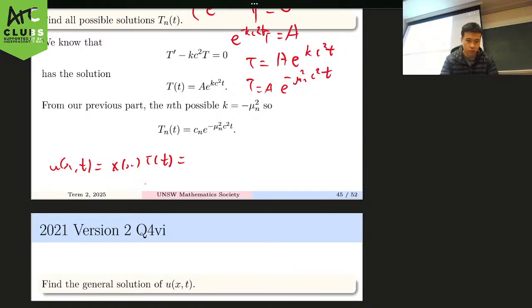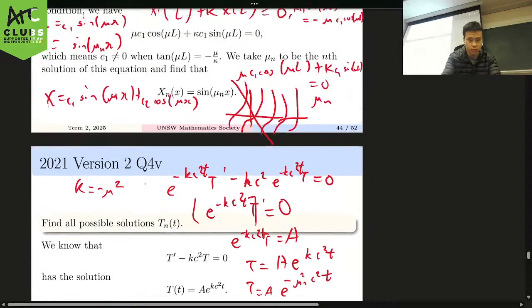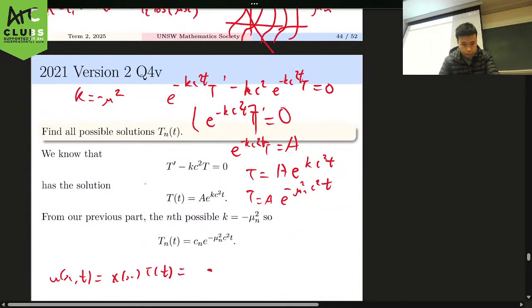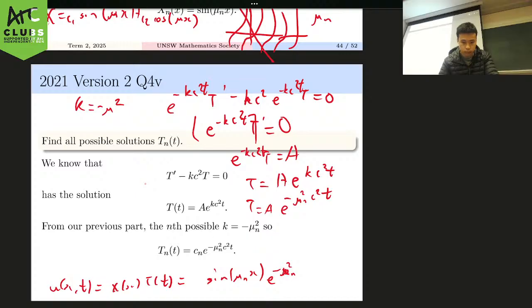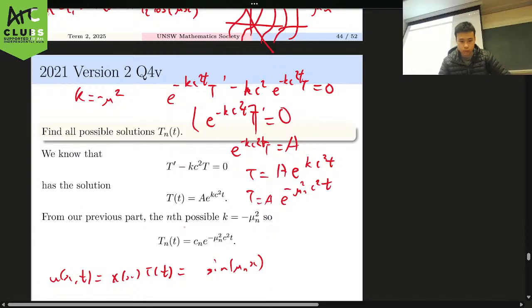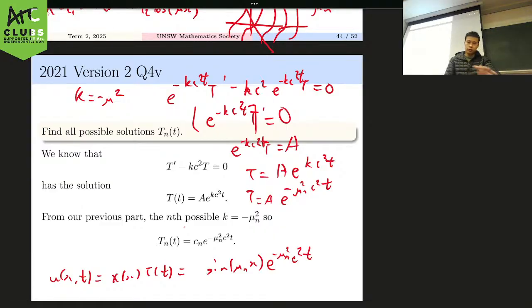Essentially for X, I believe, I'm just copying it, it's sine of mu n x and then our T, e to the minus mu n c squared t. So that's the product of it right now.